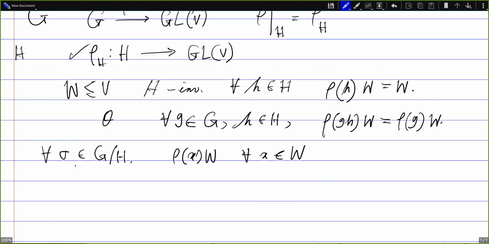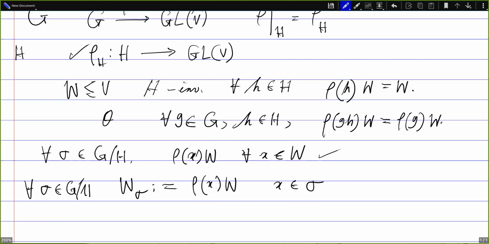This is what it shows, because if you fix a representative x, then any other representative will be of the form xh. So in view of that, it is now quite safe to define W_sigma as rho_x(W), where x is any representative in sigma, for every sigma in G modulo H.